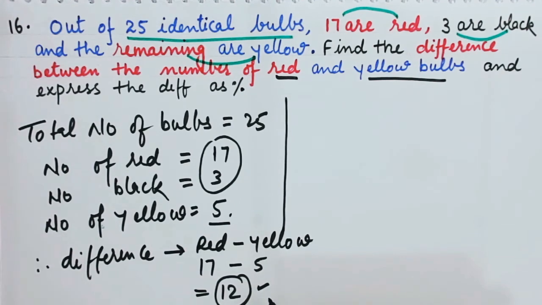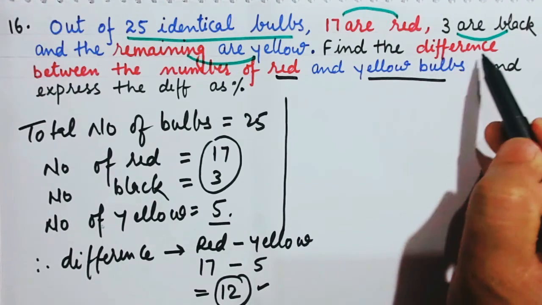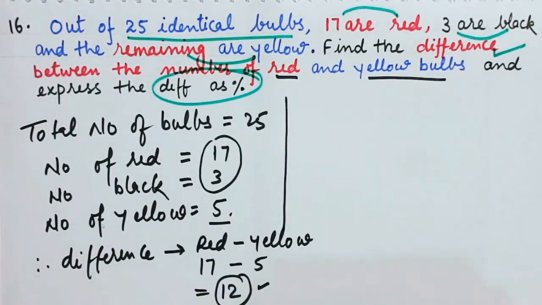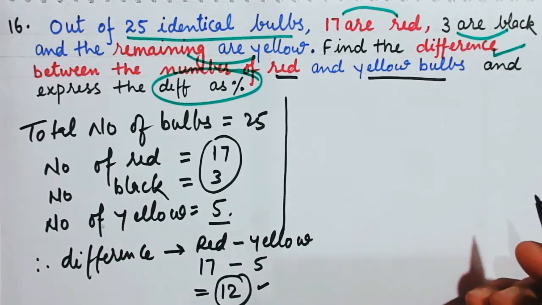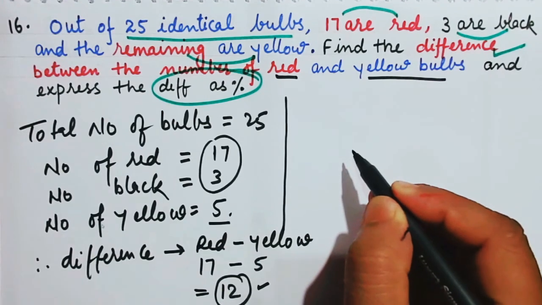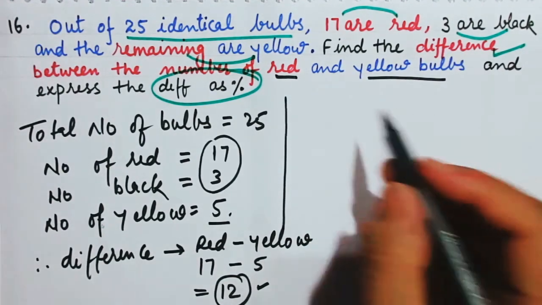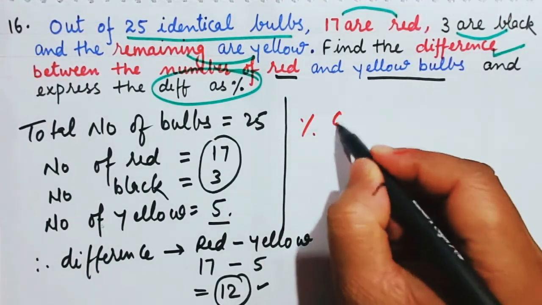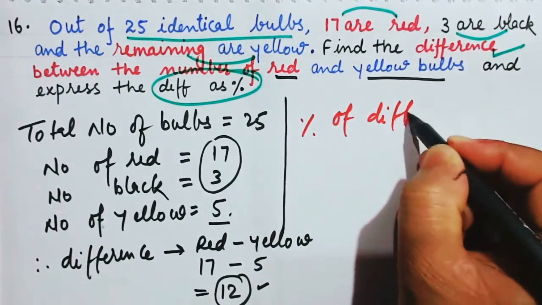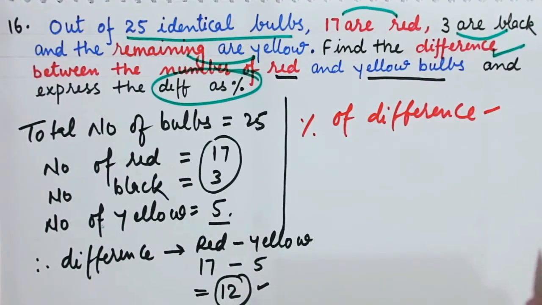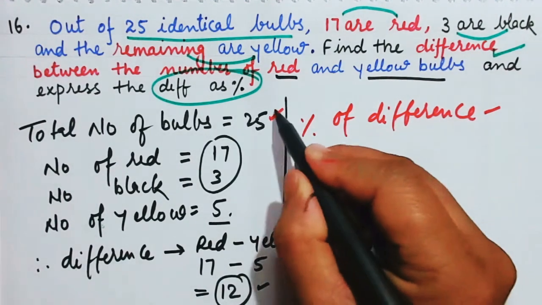Now what are they asking? They are asking you to find the difference and express the difference as a percentage. So percentage of the difference. I said that it should always be calculated on the original value.